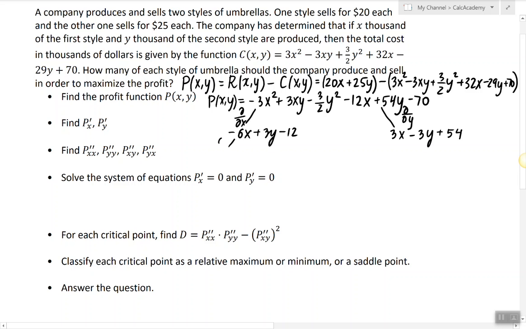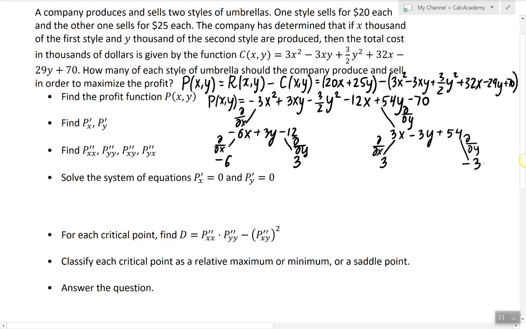Now the second derivative with respect to x will just be negative 6. A mixed derivative first with respect to x, then with respect to y will be 3. A mixed derivative first with respect to y, then with respect to x will be 3, and the second derivative with respect to y will be negative 3.